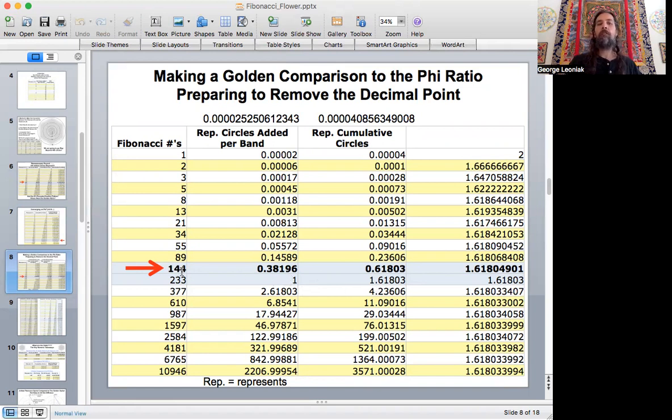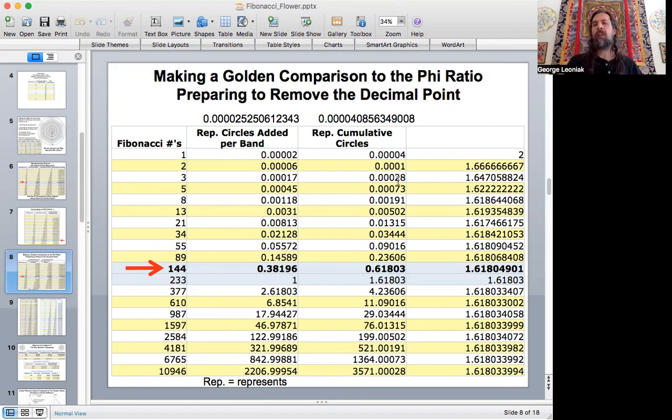We're going to make that comparison. And here, just as a reference point, at the 144 Fibonacci number, this is the place where we have 0.38196 and 0.61803. Now, this says it's 1.61804, but remember, I'm now just dividing without the remainder of the forever number that continues on and on.